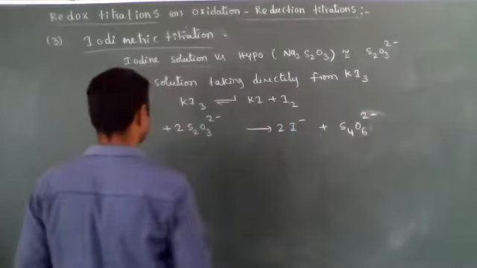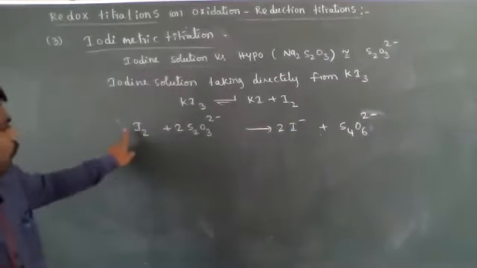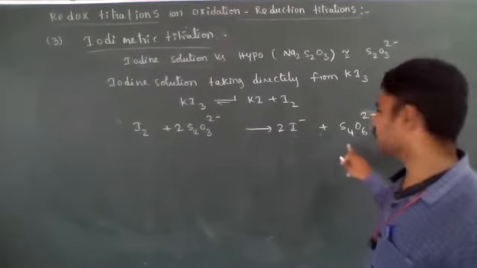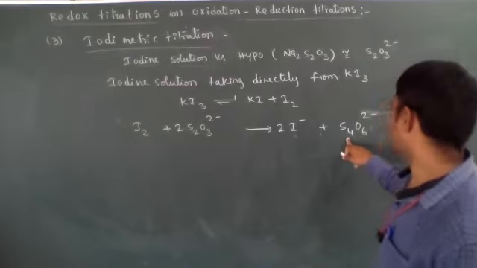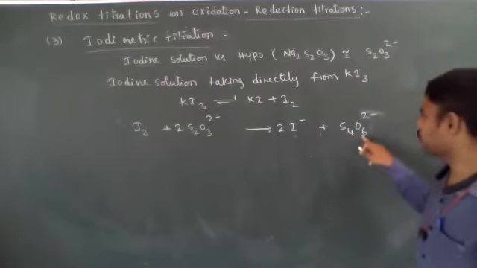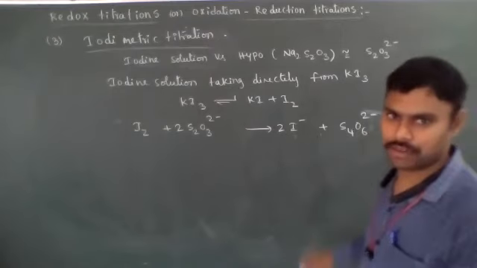Here 2 moles are needed. So 1 mole of iodine reacts with 2 moles of thiosulfate to form 2 iodide ions and the tetrathionate ion, with 4 sulfur atoms, S4O6 2 minus.